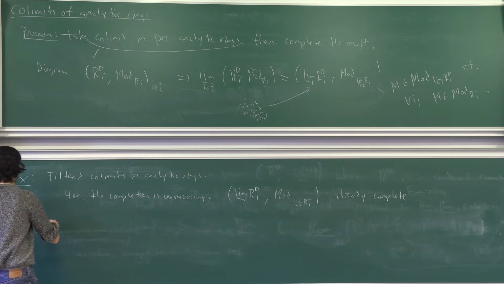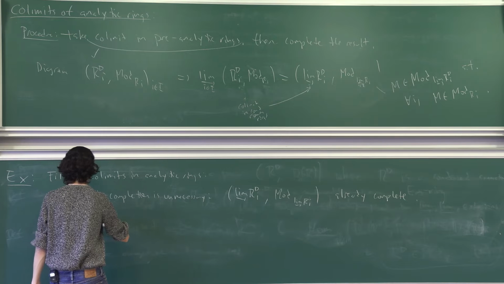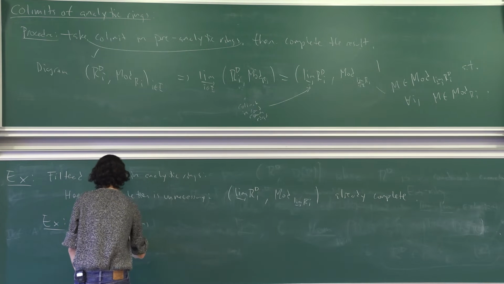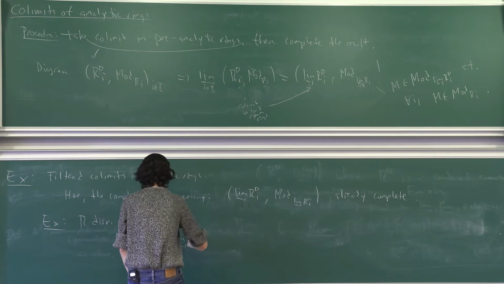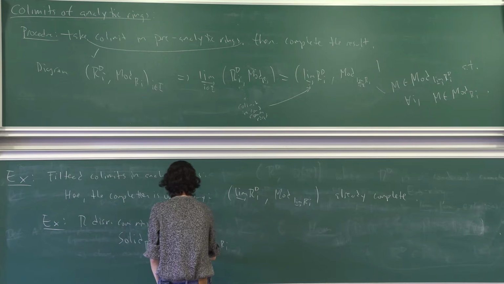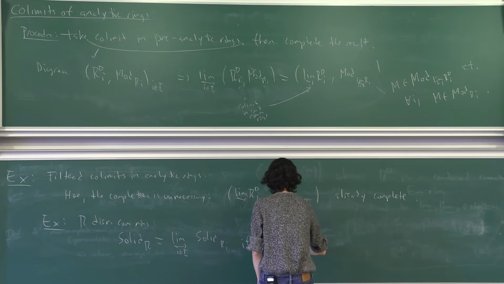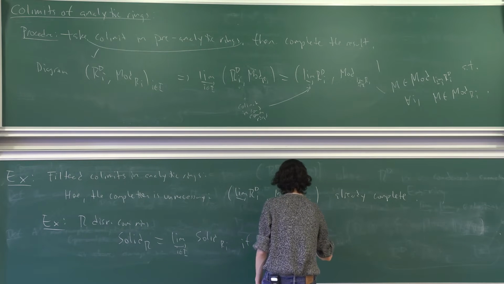So an example of this we've already seen is that if R is a discrete commutative ring, then solid R is the filtered colimit of solid R_i, i in I, if R is the filtered colimit of the R_i.